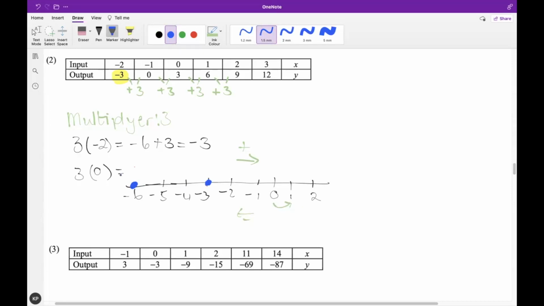That is right. So that means we are adding. And we have to add 1, 2, 3. So that's how we came up with plus 3. I hope I answered.